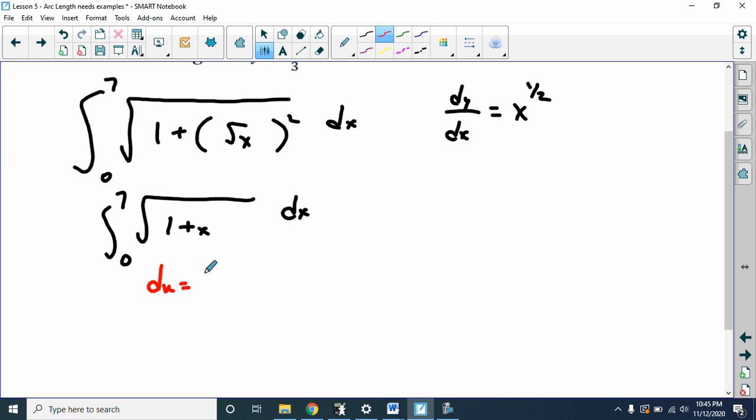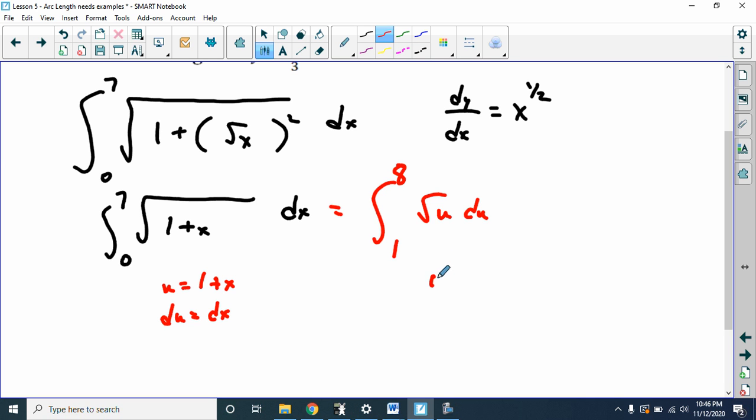U substitute, make u equal to 1 plus x. So my du is equal to dx. Change your bounds. Plug in 0 gives me 1. Plugging in 7 gives me 8.